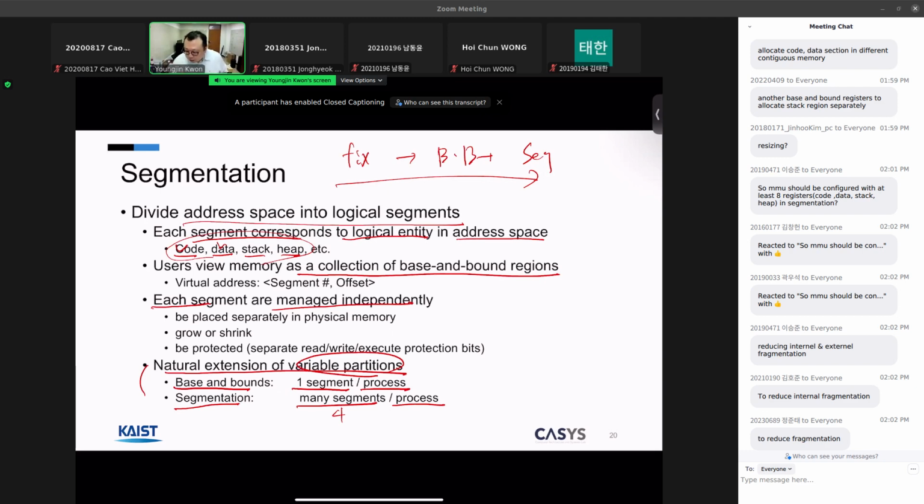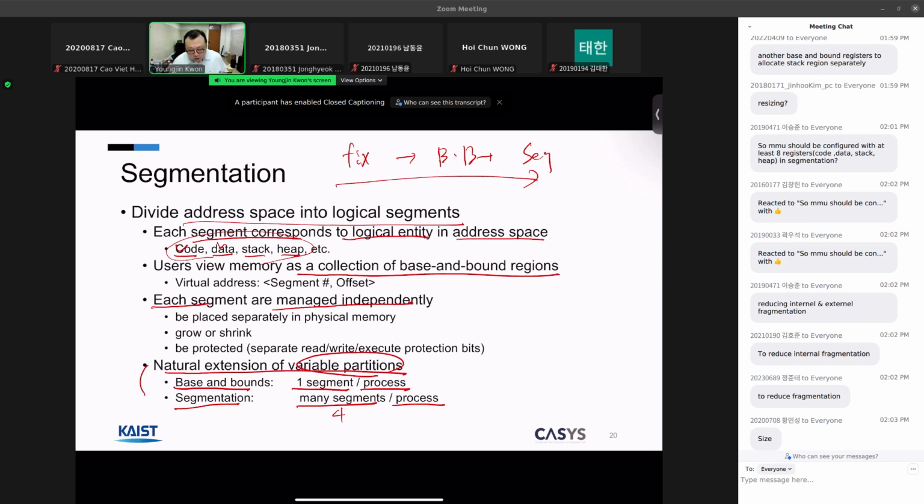Reduce the fragmentation by what? How? Fine-grained mapping. Making the mapping granularity more fine-grained to reduce internal fragmentation.